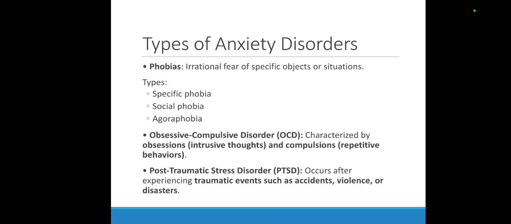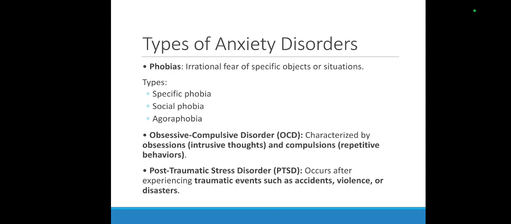There are many types of phobias, but these are just examples. We have specific phobia, we have social phobia, and we have your agoraphobia. This specific phobia has different subtypes, such as fear of spiders, fear of heights, fear of closed spaces. These are specific phobias.